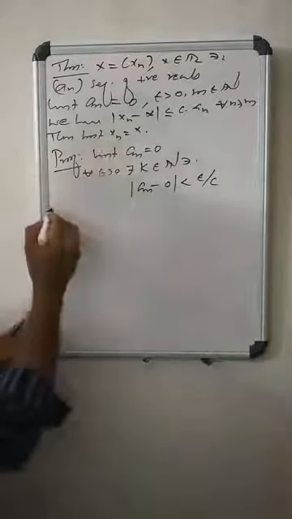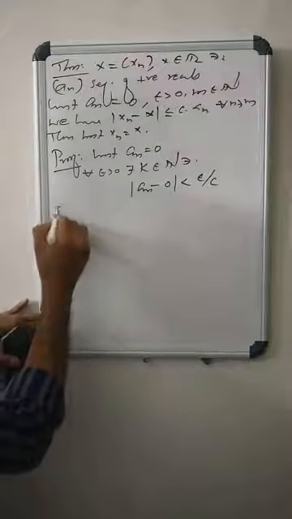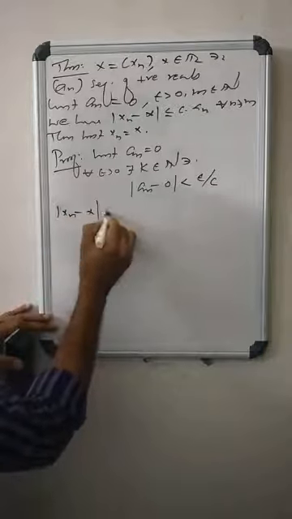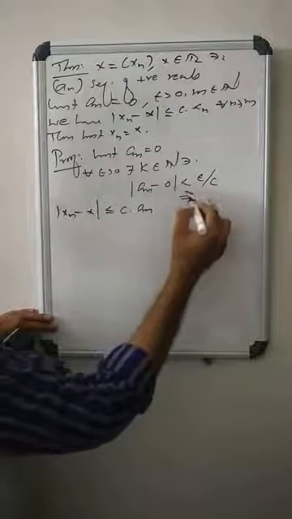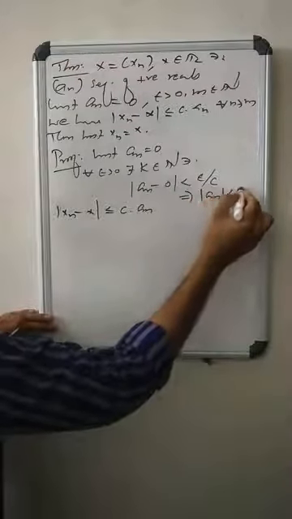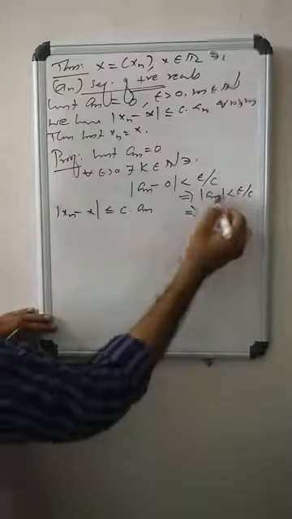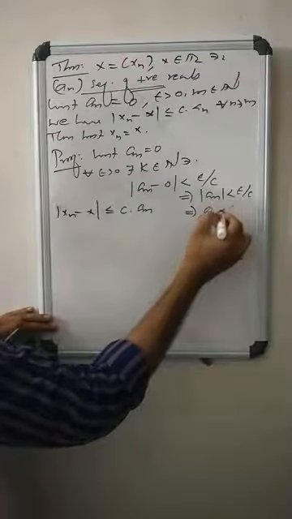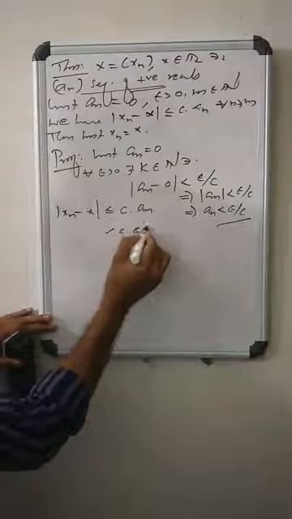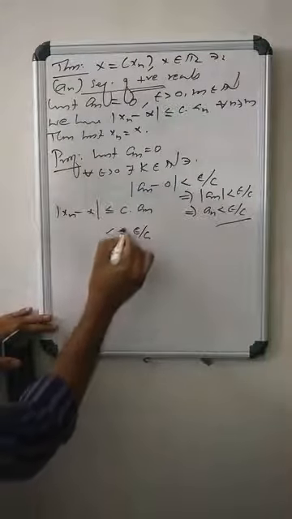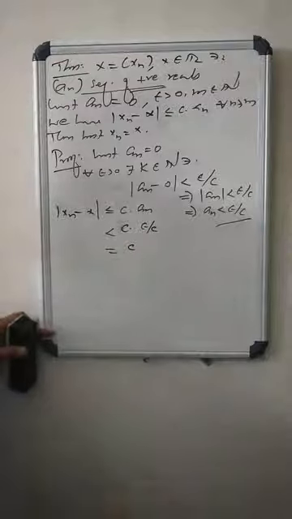Now we have to show that xn converges to x. It is given that the modulus of xn minus x is less than or equal to C times an. Since an is a sequence of positive reals, the modulus of an strictly less than epsilon by C can be rewritten as an strictly less than epsilon by C. So from here it is strictly less than C times epsilon by C, which equals epsilon.